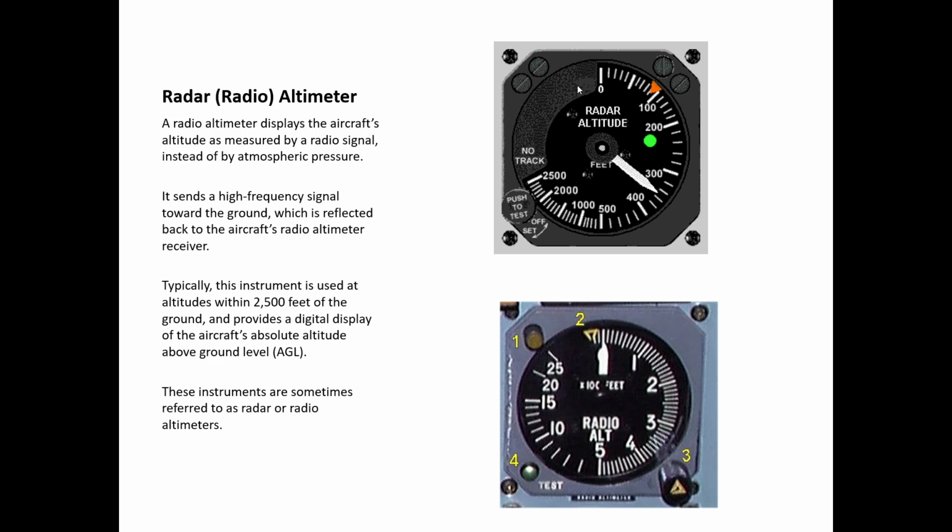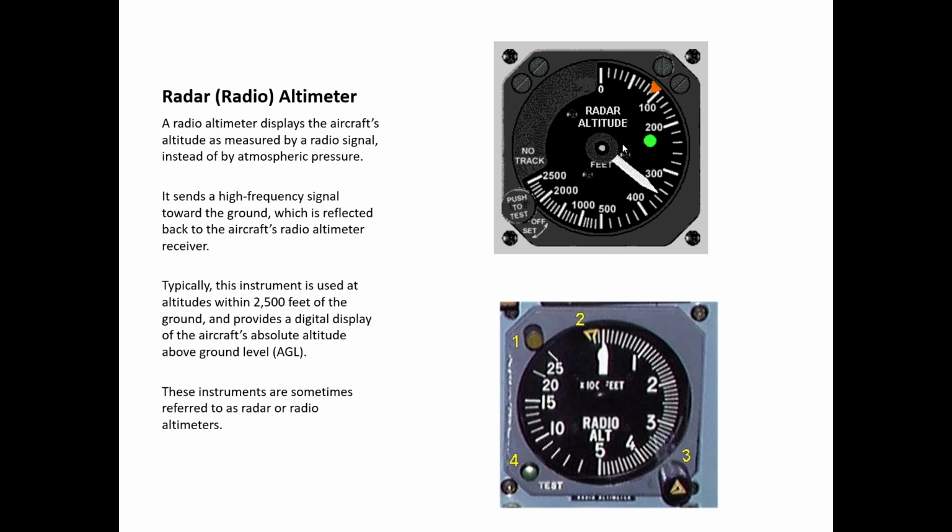There's also a radar or radio altimeter, basically the same instrument by two different names. It's not a sensitive altimeter. It's not reading barometric pressure. It's in effect reading a radio or radar signal that is sent to the ground and bounces back. So it doesn't really care where sea level is.